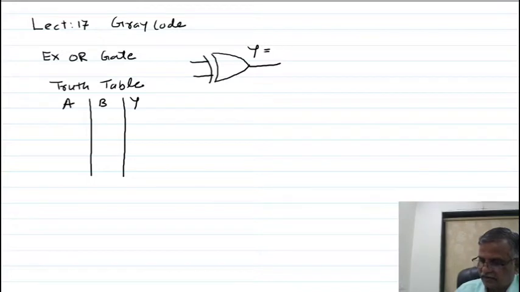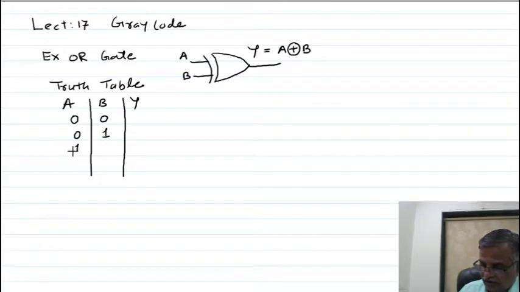Y is represented by A exclusive OR B. I am showing you the truth table of the XOR gate. This is your truth table.